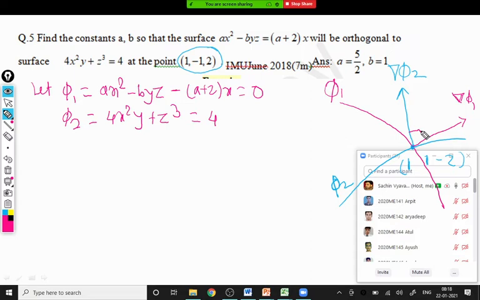This is the property we are going to use to get the equation between a and b. But you'll observe that we have to find the values of two constants, so we should have two equations for a and b. The first equation we obviously get by del phi 1 dot del phi 2 equal to 0. What about the other equation? How do we get one more equation between constants a and b? Yes, anyone?